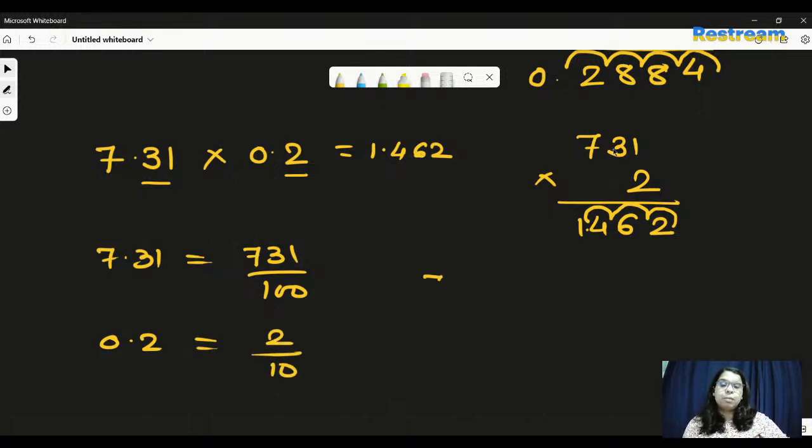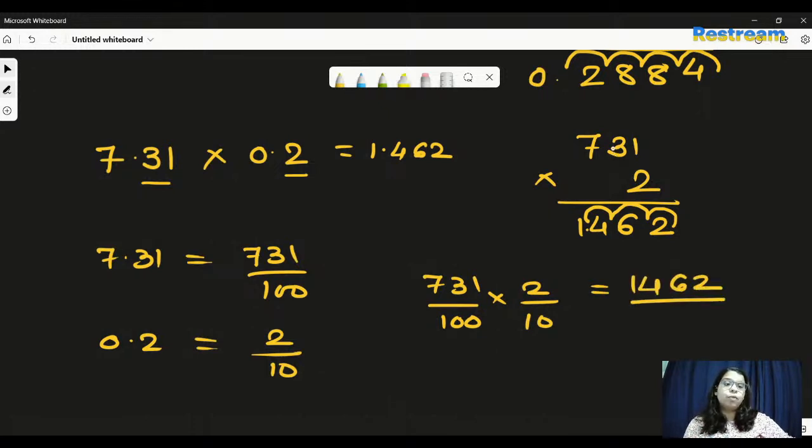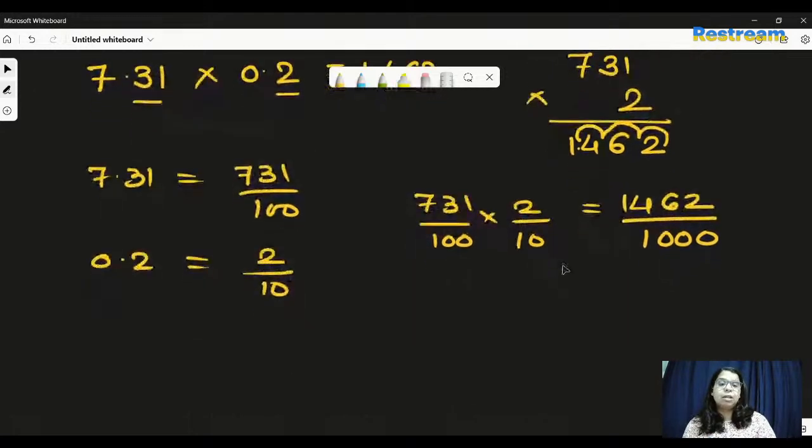So we will multiply 731 over 100 by 2 over 10, which will give us 1462 over 1000. As we have seen before, when we have something over 1000, we add the decimal point after 3 digits. So this will ultimately give us 1.462. We have covered this in our first session on decimals.